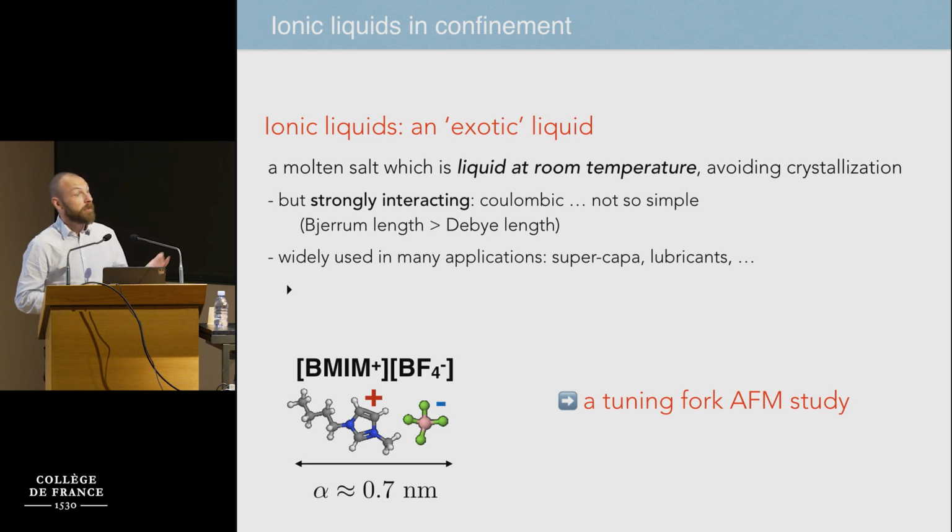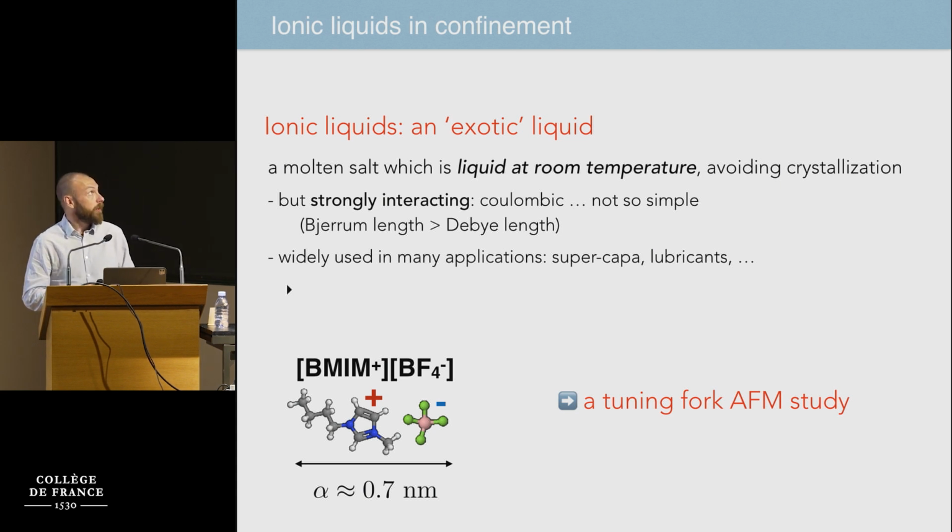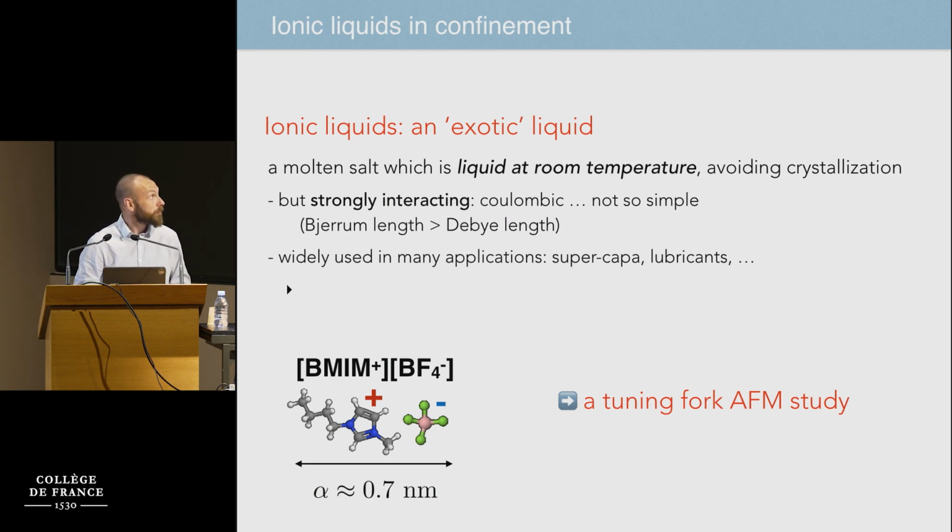The interest of ionic liquids is that they are a model system for SPM experiments, because it's a molten salt based only on charges, basically ions, that is liquid at room temperature. It doesn't evaporate, so it's very stable, and this helps a lot for experiments.